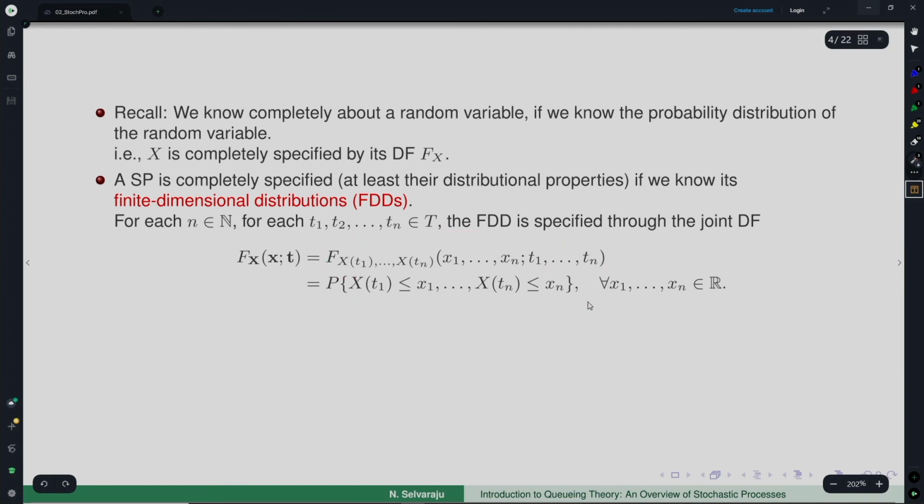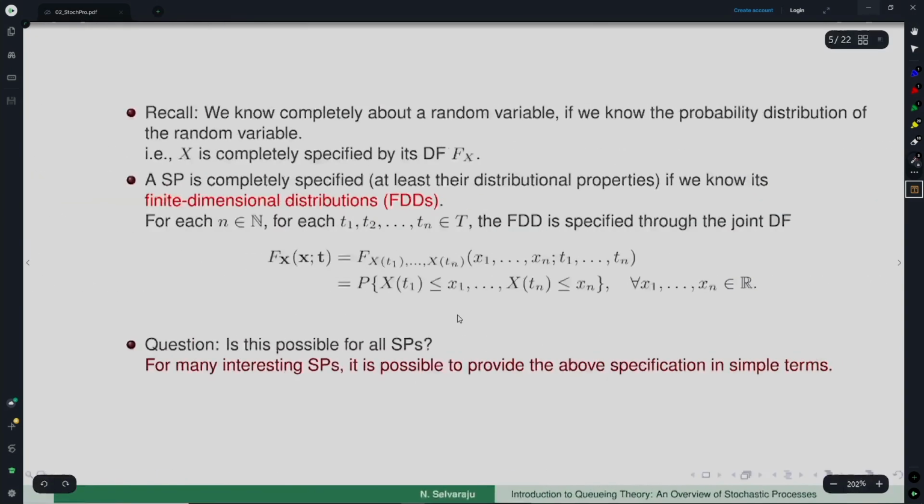This is nothing but the n-dimensional joint probability distribution of the random variables X at t1, X at t2, and so on up to X at tn, where n is arbitrary, t1, t2, t3 are arbitrary, and the states x1, x2, xn are also arbitrary. If you can compute these probabilities for all such choices, then you know completely about the stochastic process, at least its distributional properties.